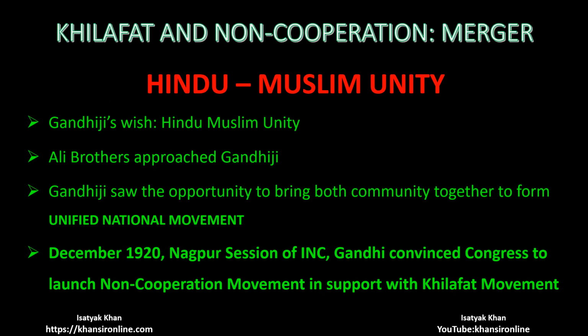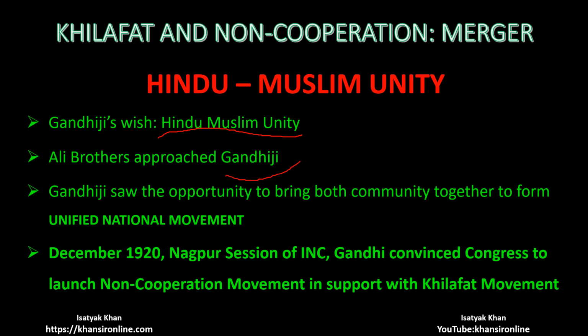In the previous video, we studied the Rowlatt Act and how terribly it failed, and Gandhiji learned some lessons from this. What Gandhiji learned, he wanted to correct here. Gandhiji wanted to unite two major communities in India, that is Hindus and Muslims. The Khilafat movement was led by the Ali brothers, Muhammad Ali and Shaukat Ali.